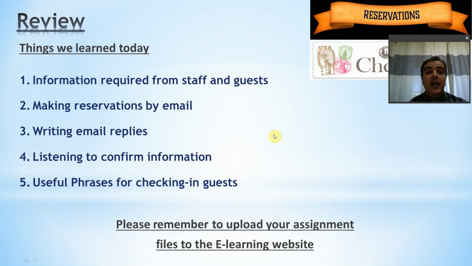We looked at making reservations by email and writing email replies. Again, I'll be looking at those in your assignment handout. We did some listening to confirm the information, and then finally we looked at the useful phrases for welcoming and checking in the guests. So that was today's lesson. Please remember to upload your assignment files to the e-learning website.